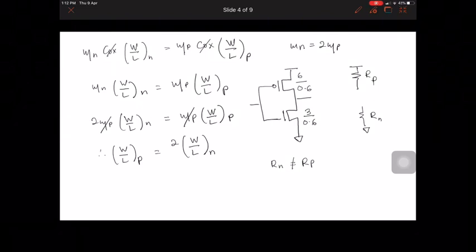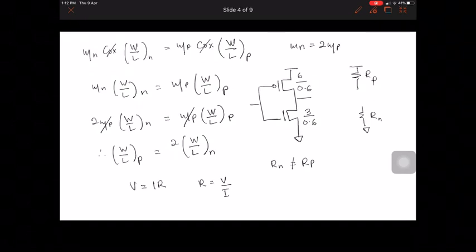So if you look at V equals IR and resistance equals voltage over current, the resistance in the NMOS is lower than the resistance in the PMOS.